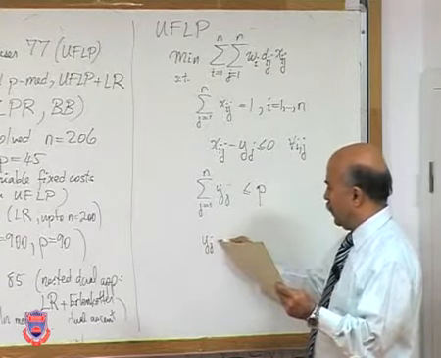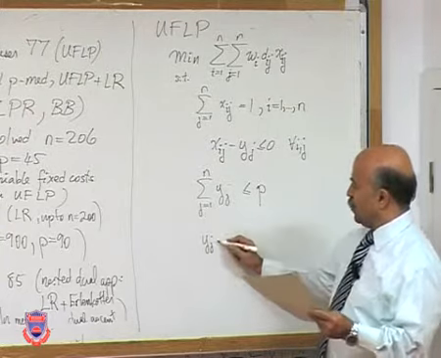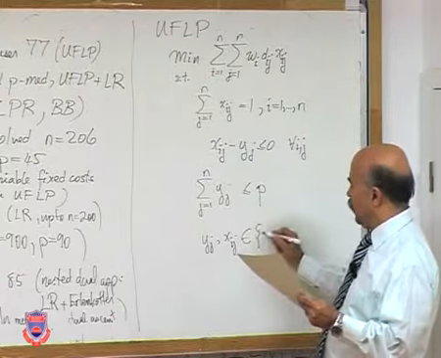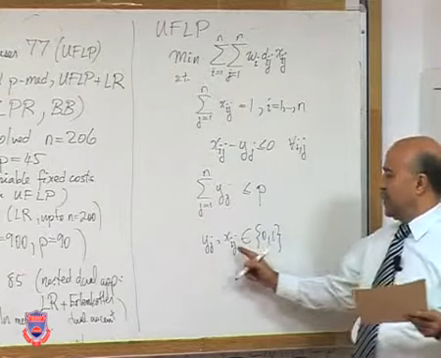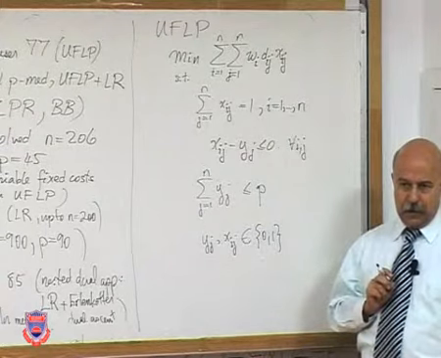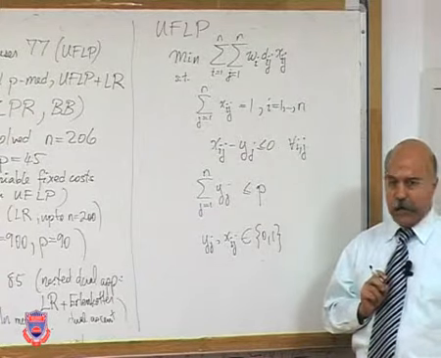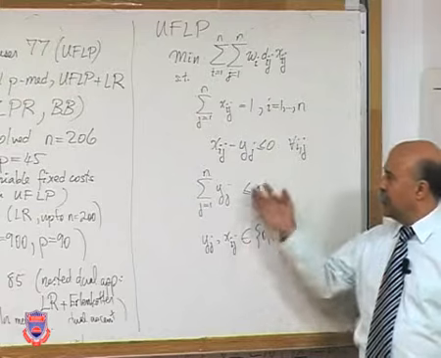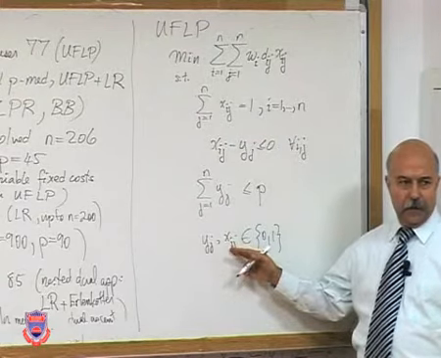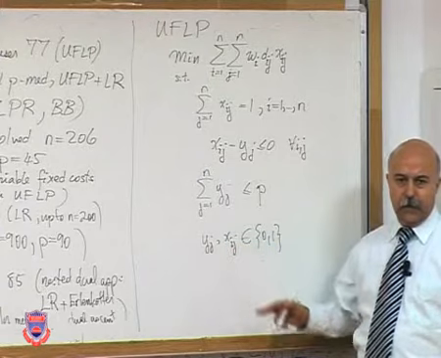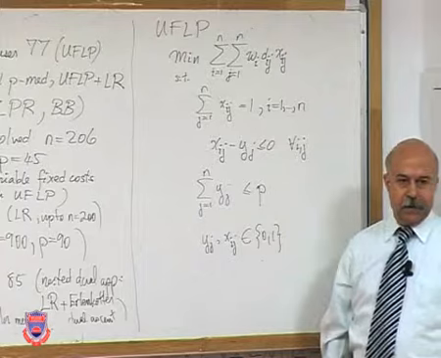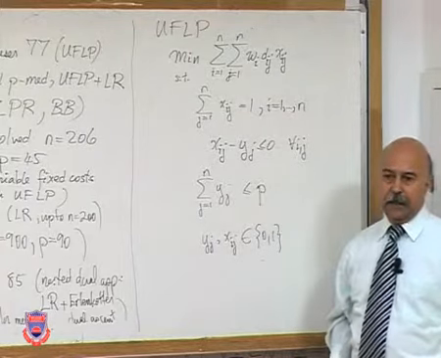Now, in one version, yj and xij are both 0, 1, which means that i is assigned to exactly one facility. Okay, it's a single assignment problem. But then sometimes you may relax xij to a continuous variable between 0 and 1, in which case you assign to multiple facilities and the cost dictates what to do.